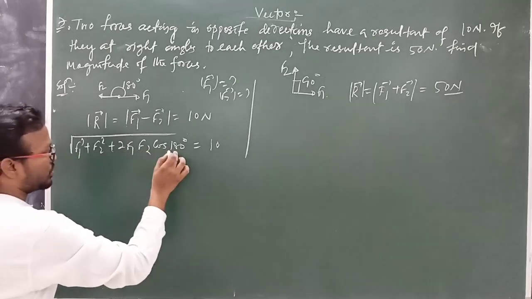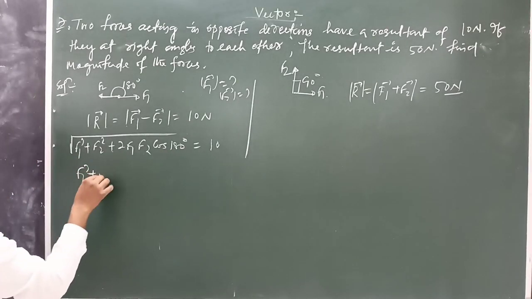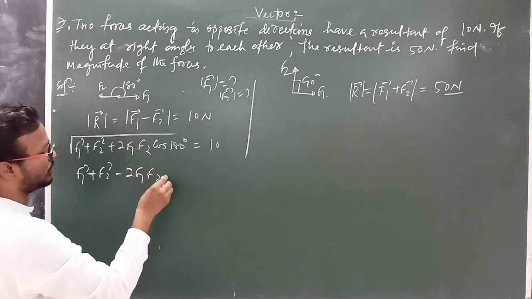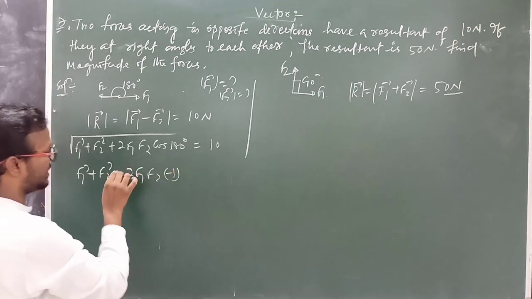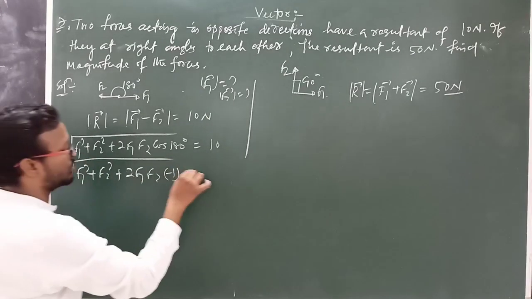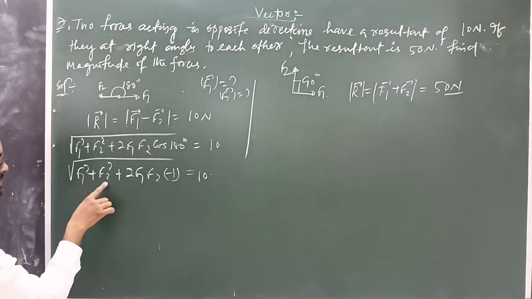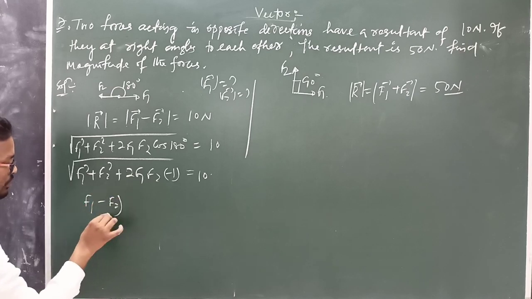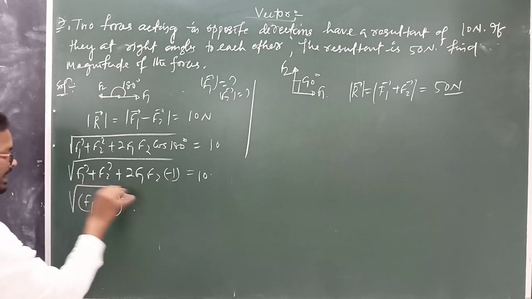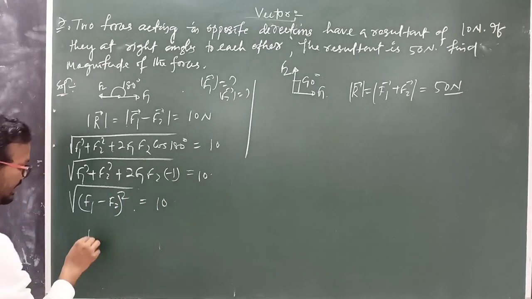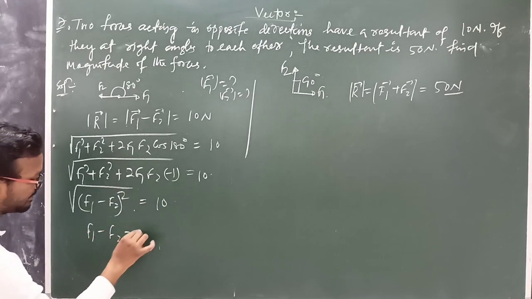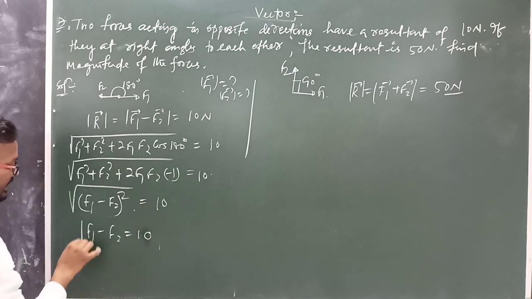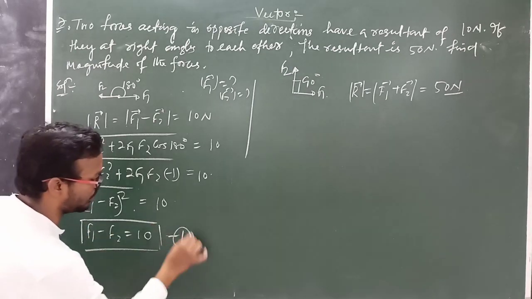Then cos 180 is minus 1, so we get the square root of F1 square plus F2 square minus 2 F1 F2 equals 10, meaning a square plus b square minus 2ab. So you can write the square root of F1 minus F2 whole square equals 10, and F1 minus F2 equals 10. Clear? Okay. This is equation number 1.